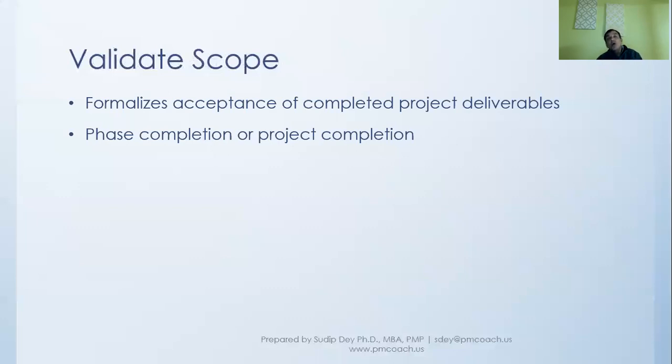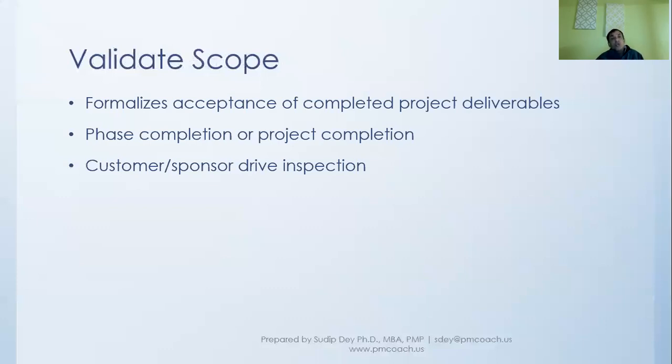So you are having validate scope at the end of the requirements phase. Similarly, after the design phase, construction phase, and so on. And of course, when the project is complete, there will be a validate scope process where they'll validate the deliverables that you're providing out of this project.